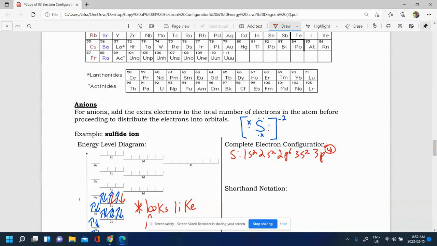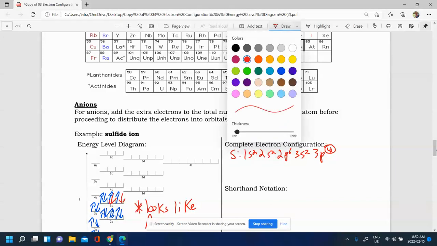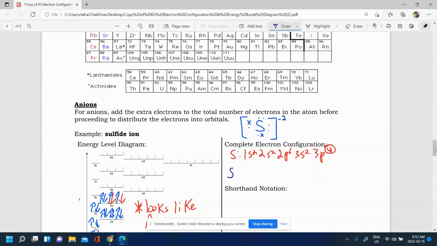We're going to add 2 electrons to our p sublevel there in the highest energy level to get the ion. So 1s2, 2s2, 2p6, 3s2, 3p6. So we added 2 electrons, and that gives us our S-2.